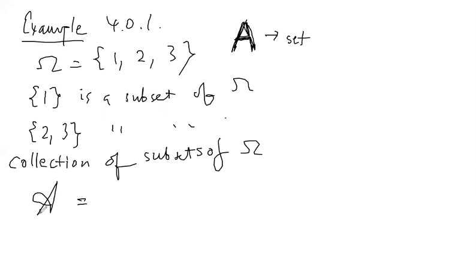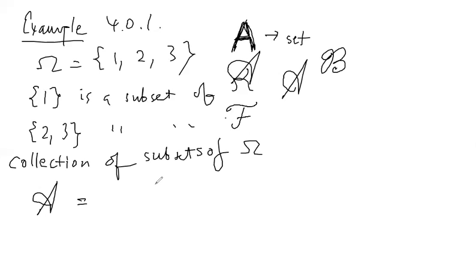If you want to indicate a collection of sets, you will write a script A like this. The B is something like this, and later you will see that the F, the field, is written like this.